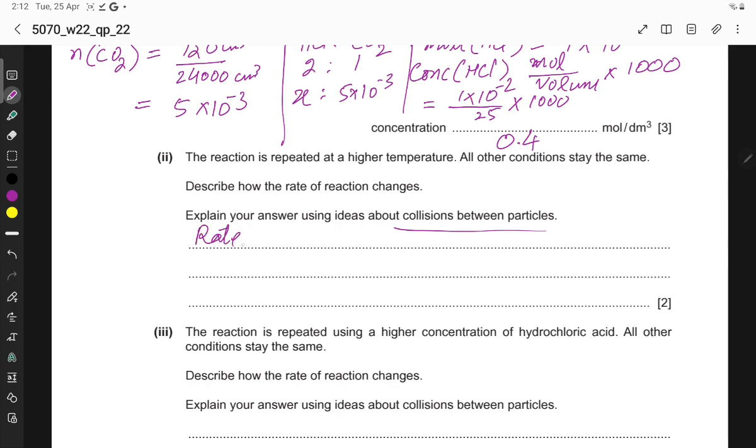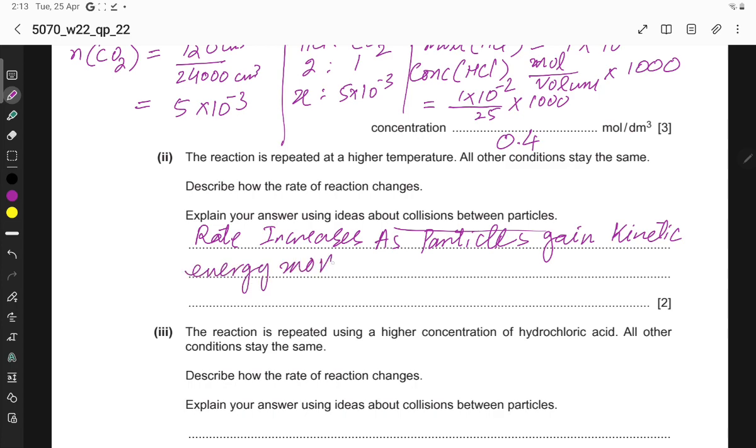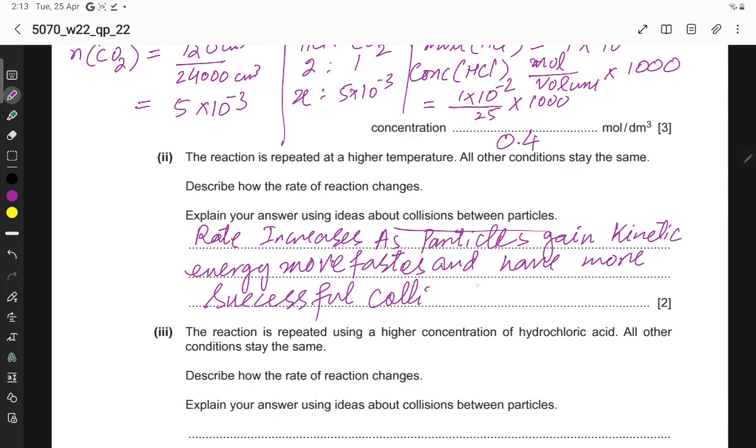Rate increases as particles gain kinetic energy, move faster, and have more successful collisions, above that of activation energy.